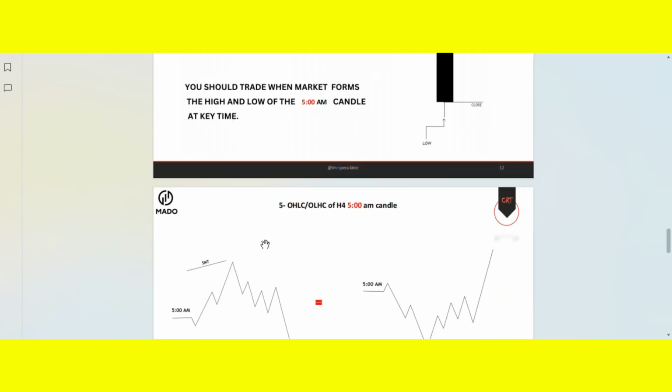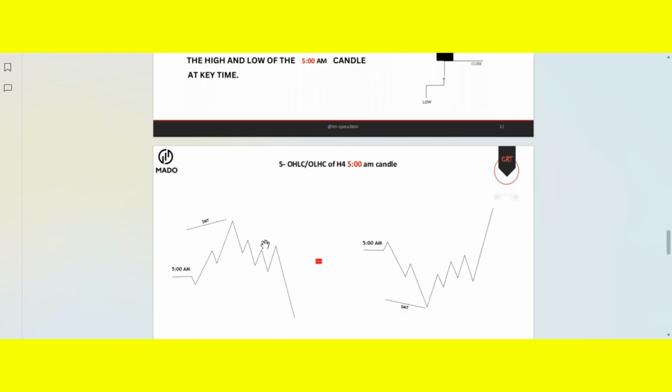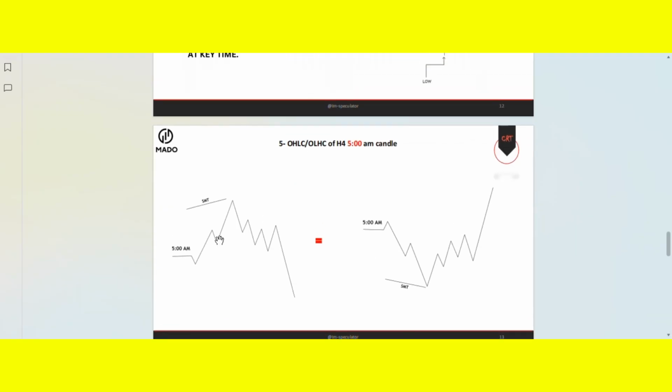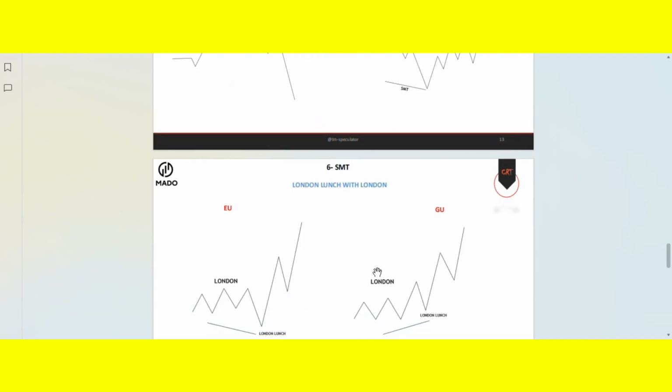So the most important thing is this key time. And then we have the law and order. So this is what you call SMD. The SMD means smart money technique.